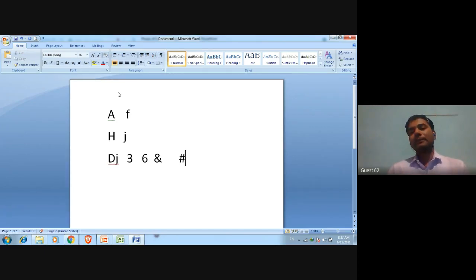These are only symbols. A is a symbol, F is a symbol, H is a symbol. Okay? And when these are defined, then these symbols have proper meaning. Unless the symbols are defined, they don't have any. After defining these symbols, they have a proper meaning.